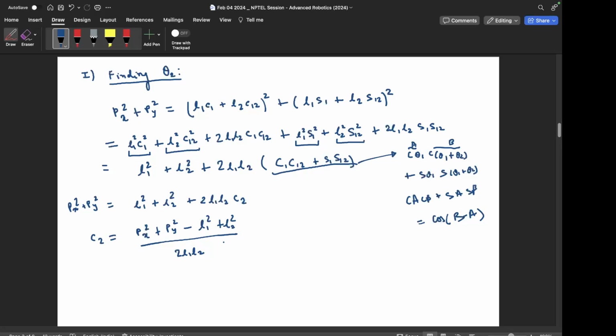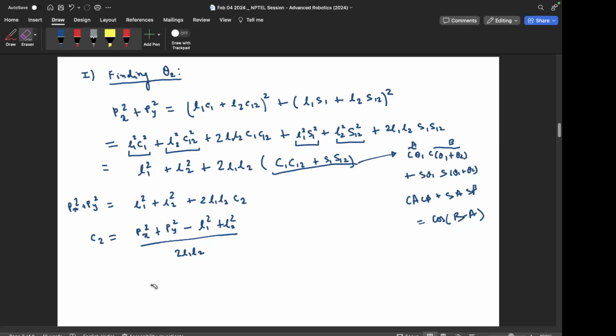Alright, so theta 2 will be, so we can directly write theta 2 from here also, but this might not give us the solution that we require for theta 2.